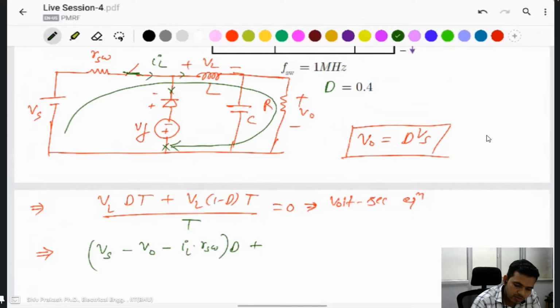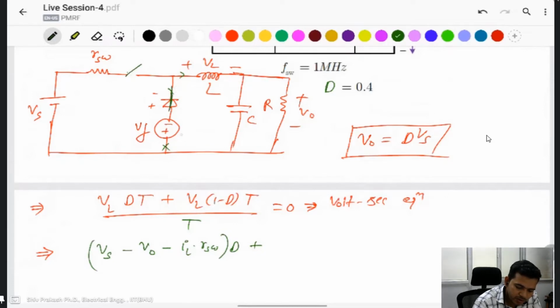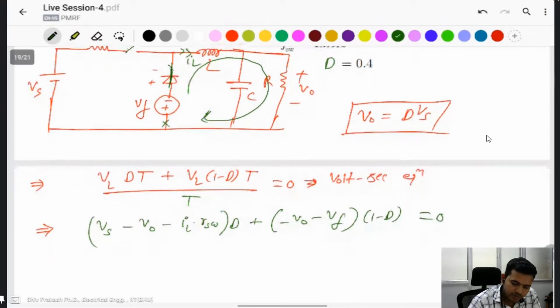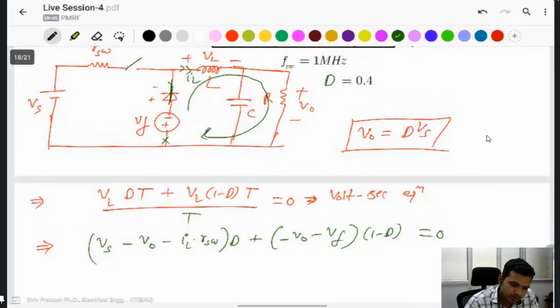When the switch is off, this one is on, the diode, and the same inductor current IL flows like that. Then we find VL is equal to minus V naught minus VF into (1 minus d), equal to 0.